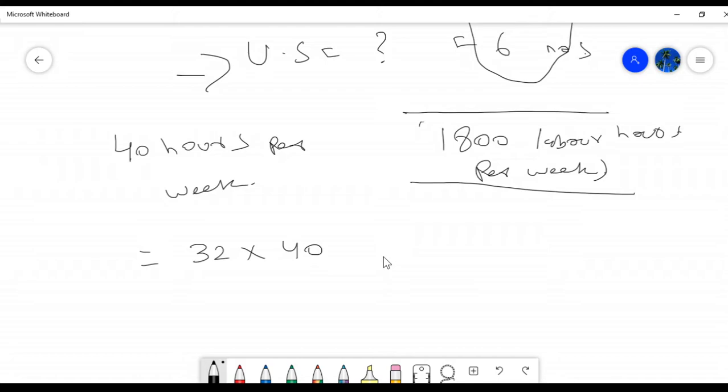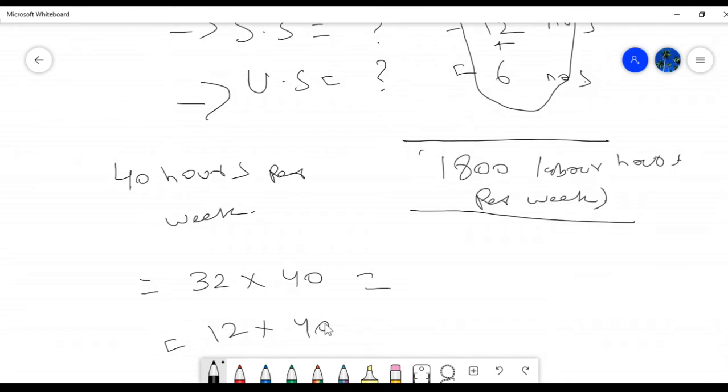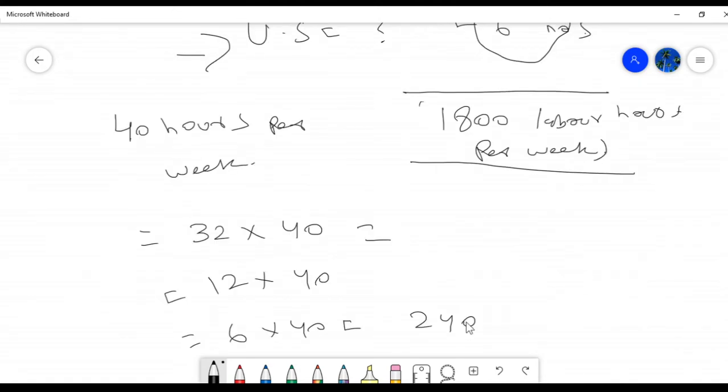Then 12 into 40, and 6 into 40. 6 into 40 is 240, 12 into 40 is 480, and 32 into 40 is 1280.